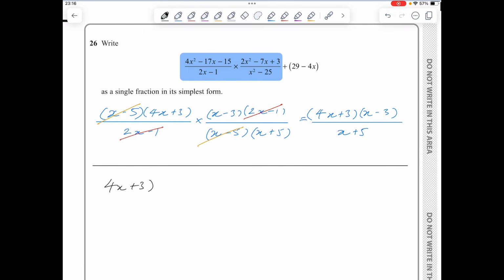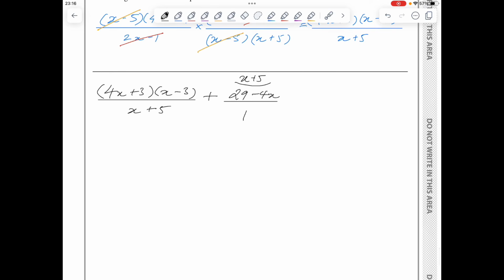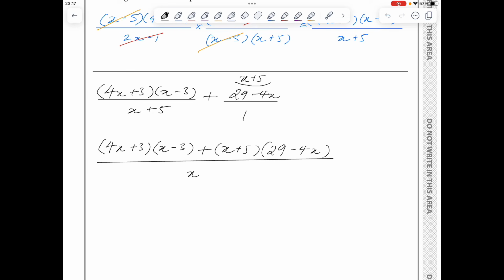4x plus 3 times x minus 3 over x plus 5 plus 29 minus 4x. I'm going to write this as a fraction over 1. I'll need to multiply the second fraction by x plus 5. So now we'll get 4x plus 3 times x minus 3 plus x plus 5 times 29 minus 4x, all over x plus 5.